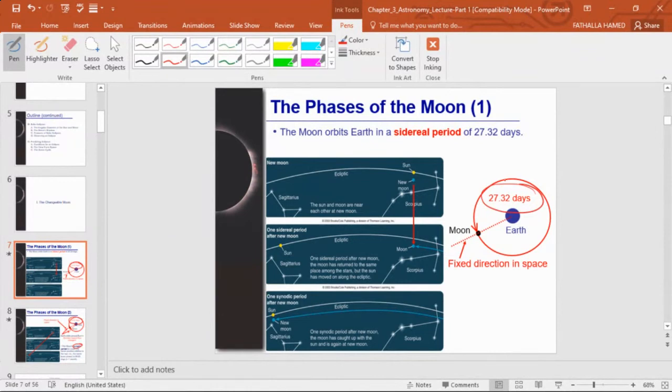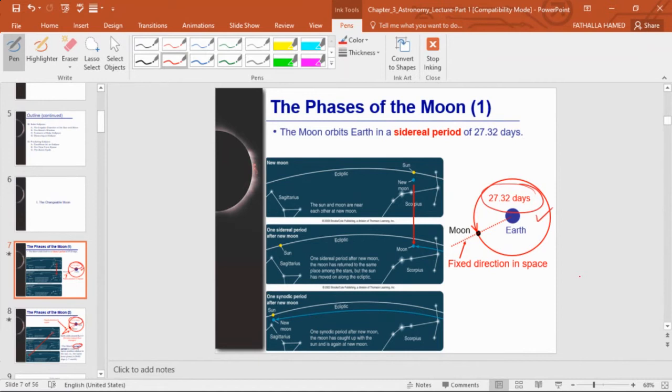And if you check on the internet or in a book and you want to look at the period of the moon, they will tell you the period of the moon is 27.32 days. That's basically completing one full orbit around the Earth relative to the stars.